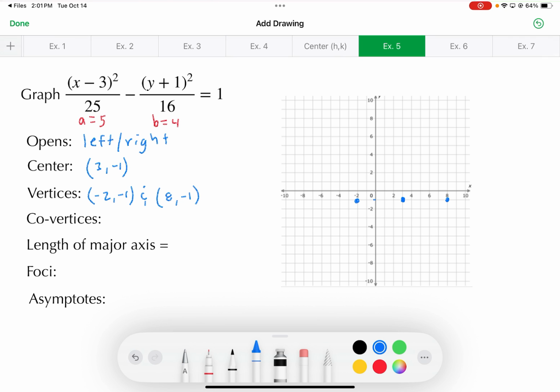So I'm going to have to move 4 up and 4 down from the center. That'll move me to (3, 3) and (3, negative 5). Length of the major axis is 2 times your a value of 5, so that's going to be 10 units.